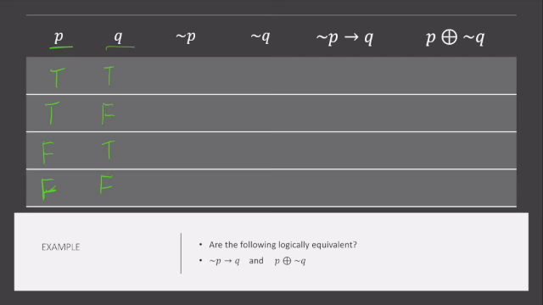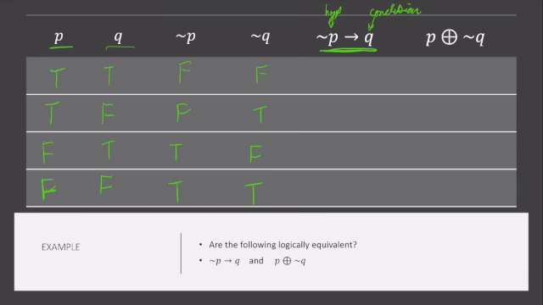I take not P and not Q. Not P is going to be false, false, true, true. Not Q is false, true, false, true. Okay, now I want not P implies Q. Remember, this is only false if my hypothesis is true, this is the hypothesis, and my conclusion is false, this is the conclusion.